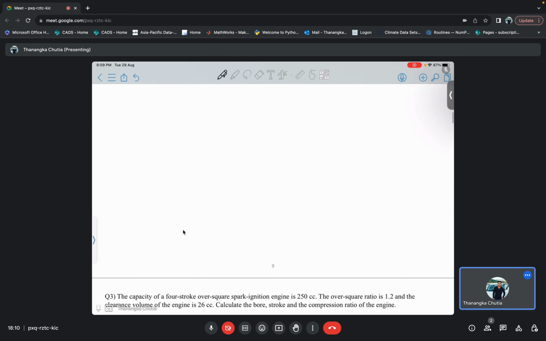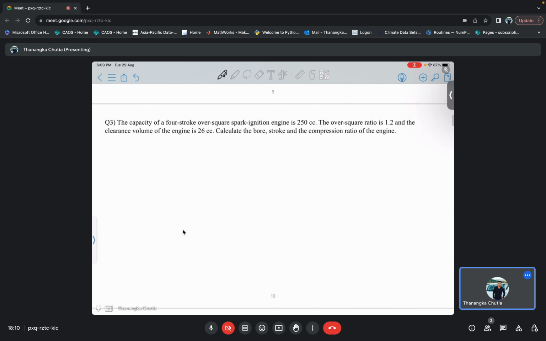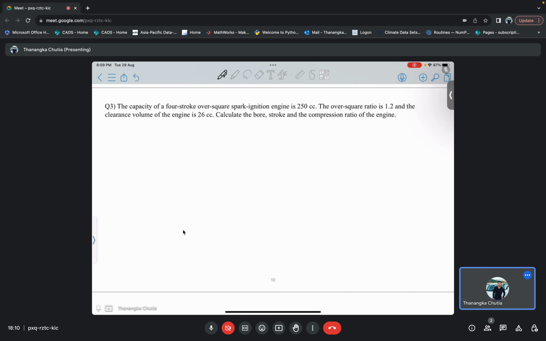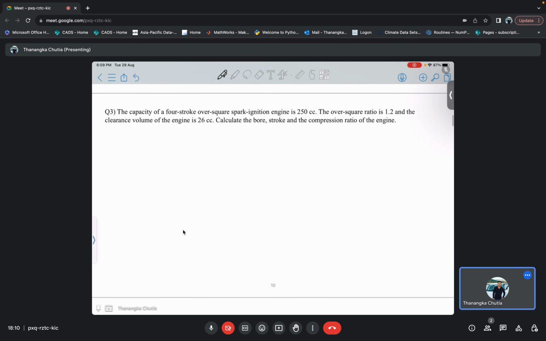Okay, so now let's go to the next question. The capacity of a 4-stroke over square spark ignition engine is 250 cc. The over square ratio is 1.2, and the clearance volume of the engine is 26 cc. Cc is nothing but centimeter cube. So you have to calculate the bore, stroke and compression ratio of the engine.